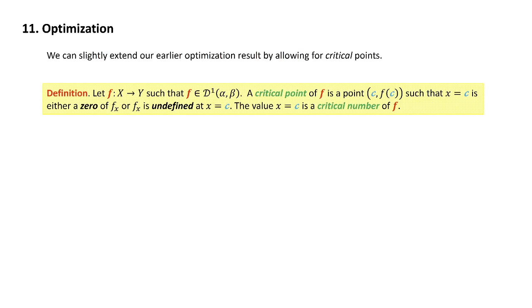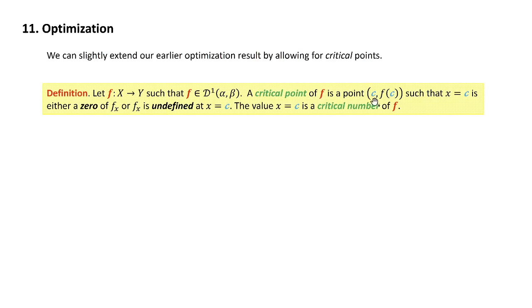Okay, and again, we talked about this earlier, but we're going to introduce it in terms of the notation. So a critical point is a point, C represents a number, and again, why do you call it C? C stands for, I don't know, critical point.